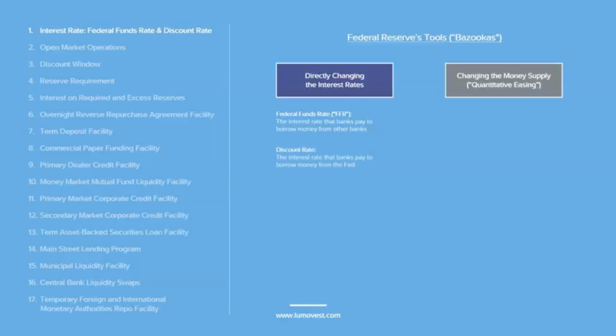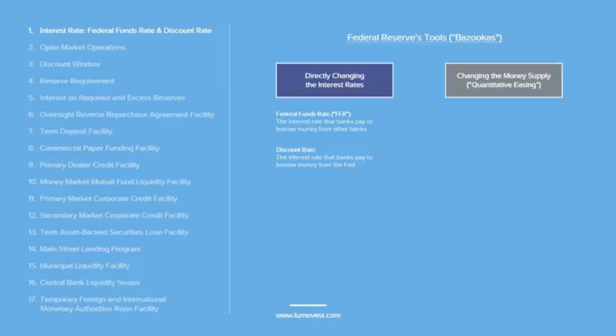Banks typically only want to borrow money from the Fed as a last resort, so they usually borrow money from other banks. As a result, FFR is usually the interest rate that news articles are referring to when they say the Fed decreases or increases the interest rate. Because the FFR and the discount rate determine how much it costs for the banks themselves to borrow money, they influence all these other interest rates that banks charge consumers and businesses.